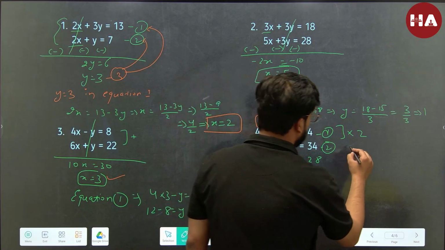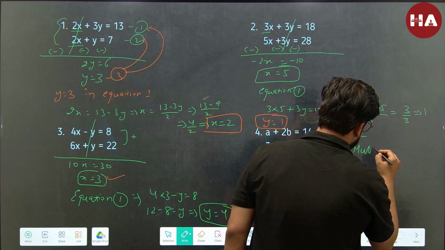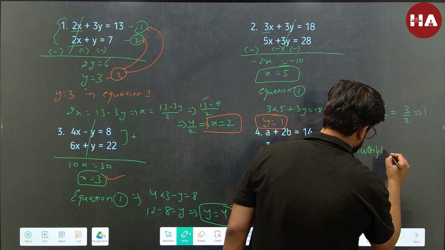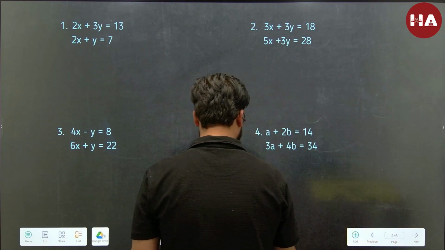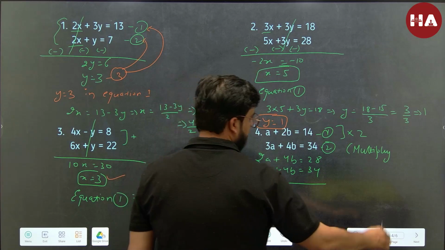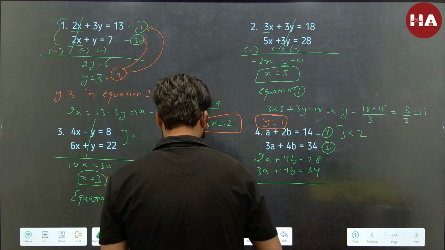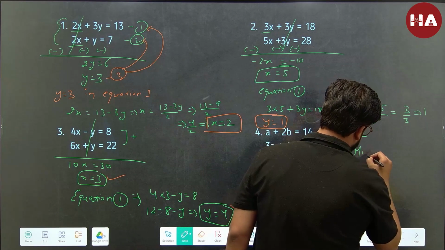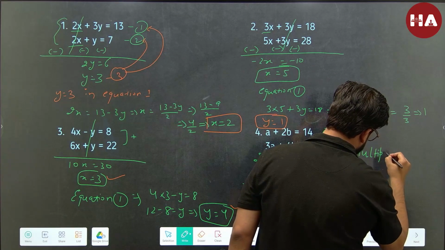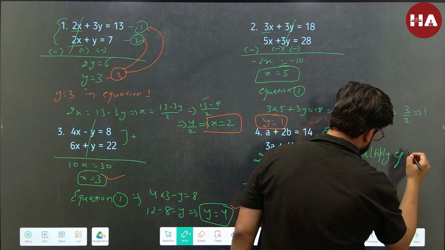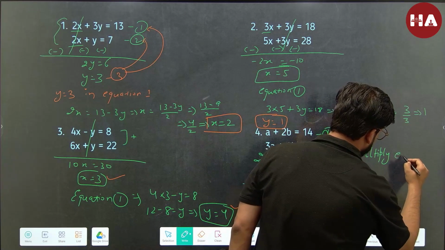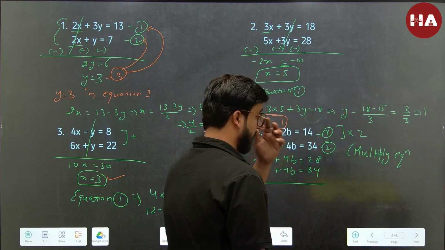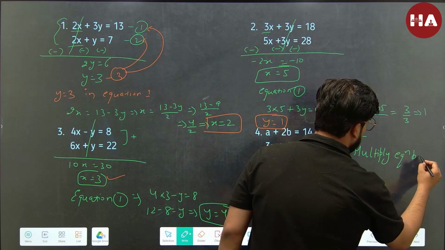So you can write here multiplying equation 1 by 2.